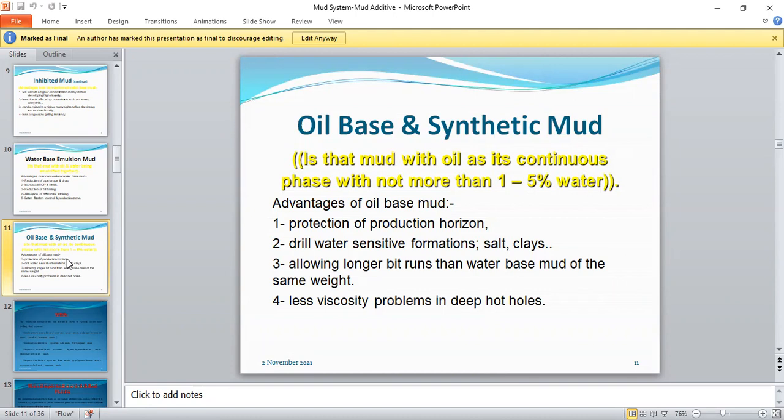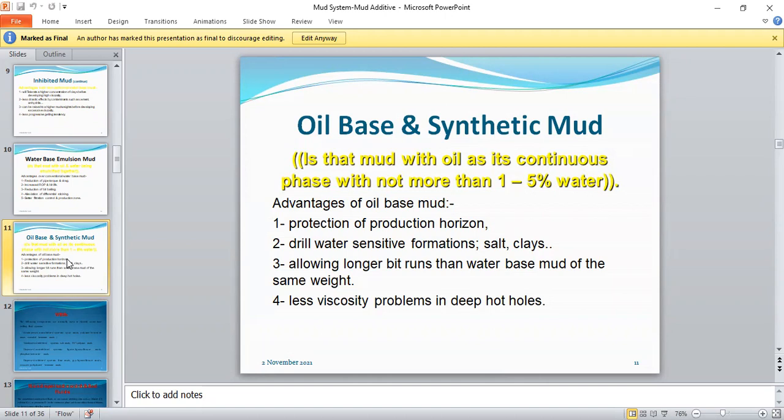Or you want to drill a cylindrical hole through clay using water, it will not give you that cylindrical shape. But with oil-based and synthetic mud, because oil does not react with water, you can use it to drill these clay-sensitive, salt-sensitive formations.